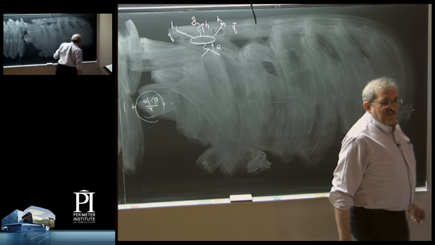So let's call this Q. Let's call its momentum K1. Here's Q bar. Let's call its momentum K2. Here's the gluon. Let's call its momentum K3. Now, the momentum that goes in here I'm going to call Q.